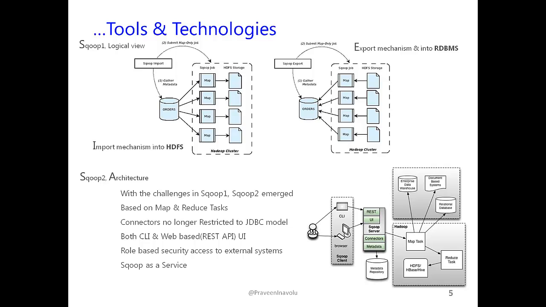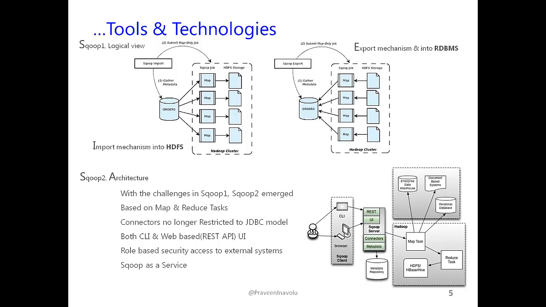Okay. Another very important change is the JDBC restriction. Prior to 2.0, which is version 1.1, we saw that Scoop is tightly coupled with JDBC way of connecting.